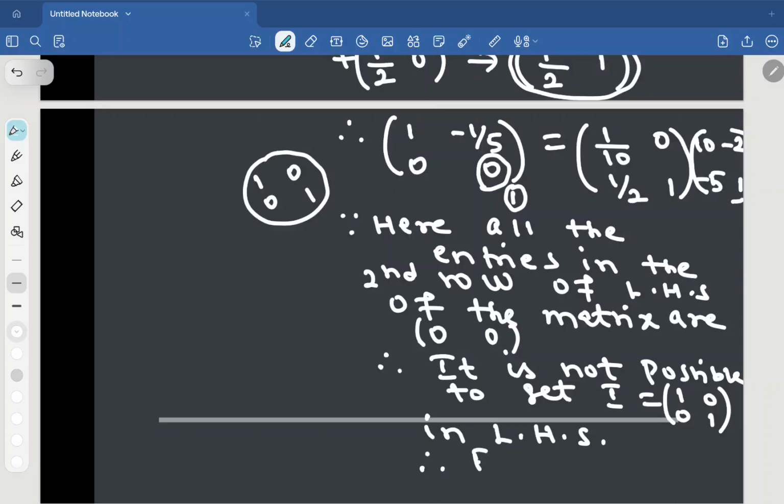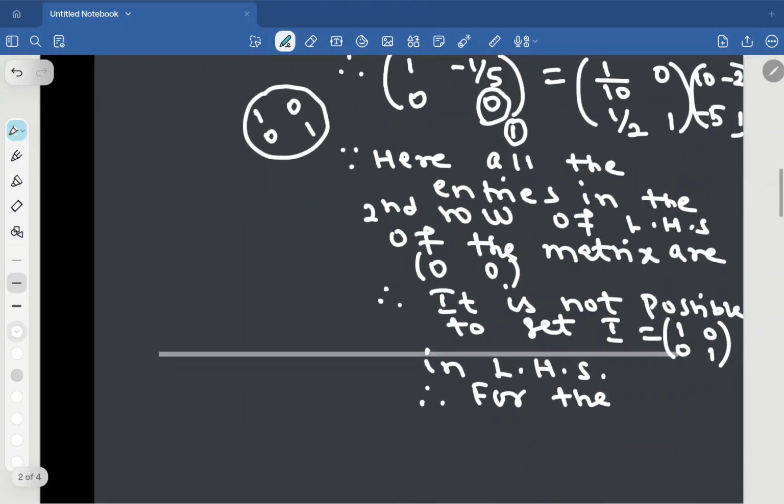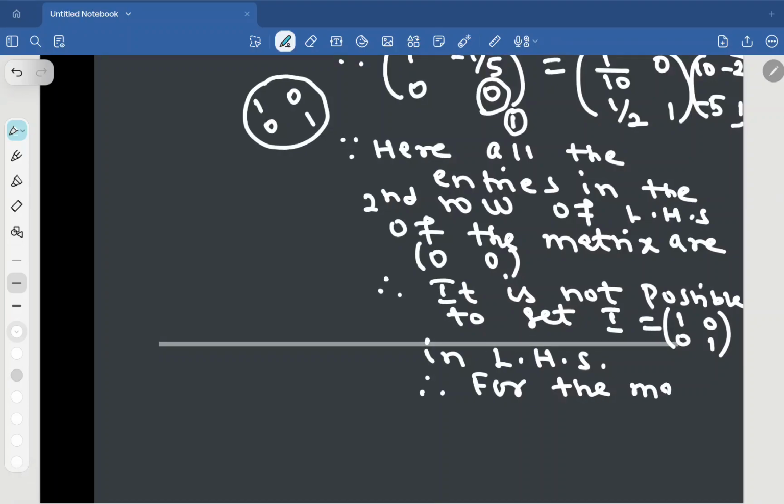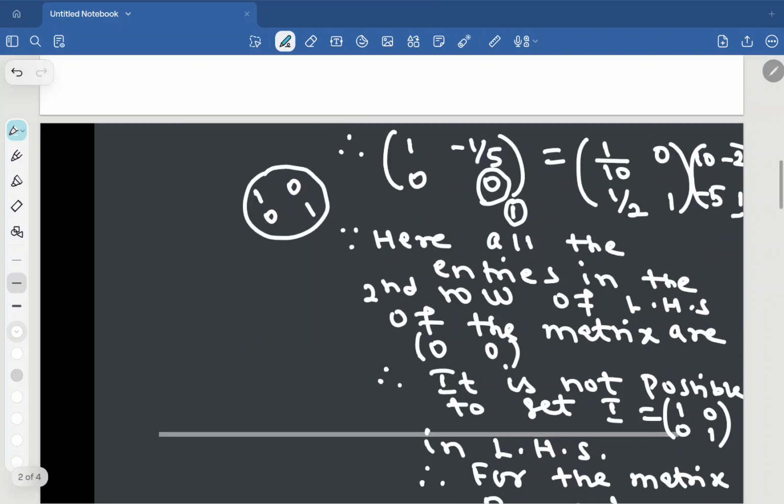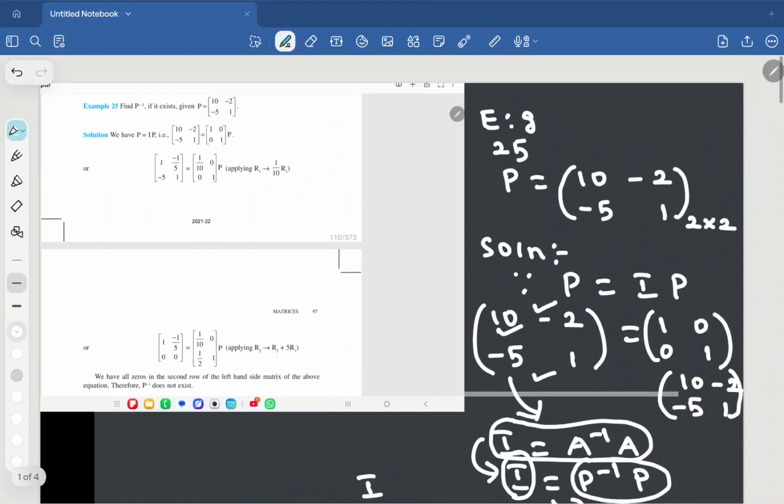Therefore, for the matrix P, P inverse does not exist. This is the solution for example number 25.